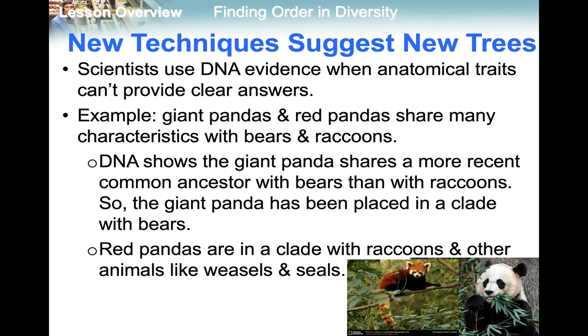But when we did DNA, what we found was that giant pandas have a more recent ancestor with bears than with raccoons. So we would place the giant panda in a clade with bears. The red pandas are actually in a clade with raccoons and other animals like weasels and seals.